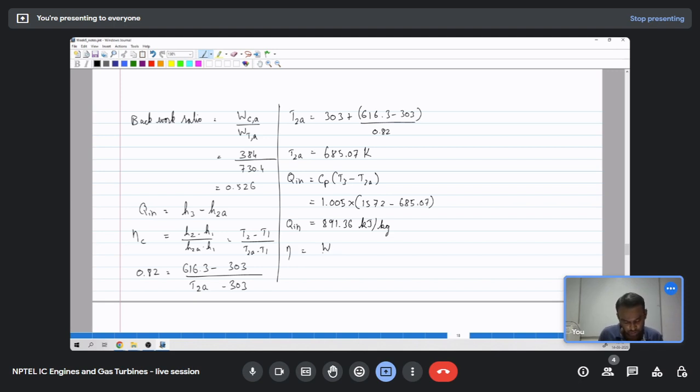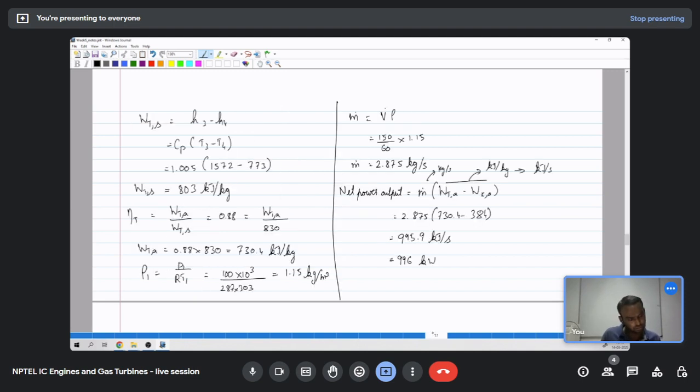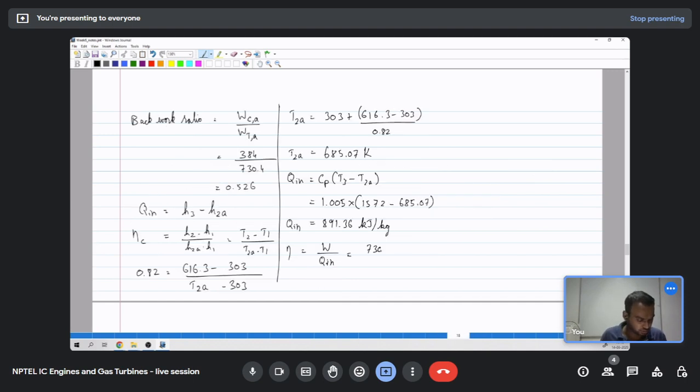The thermal efficiency is net work output divided by Qin. Net output we have calculated earlier, so it is 730.4 minus 384 divided by 891.36. This is 38.86%.